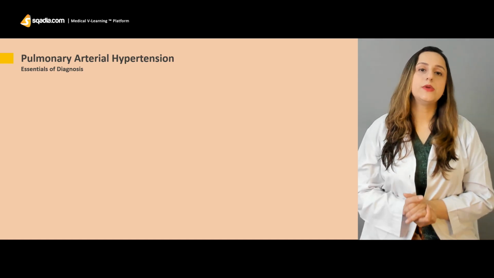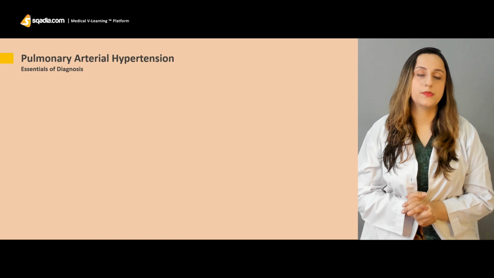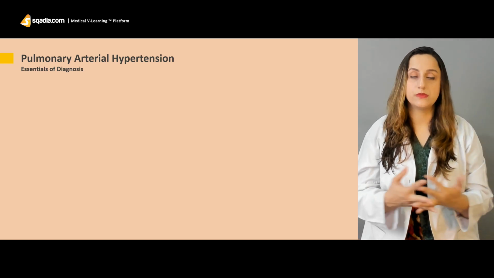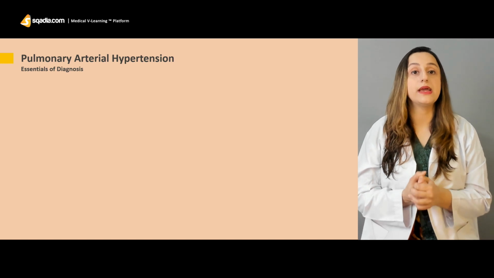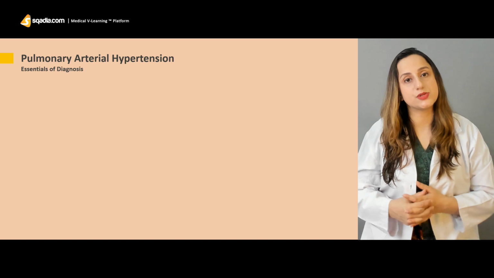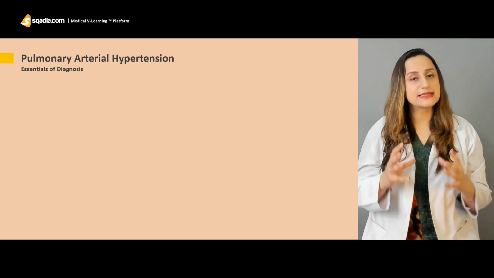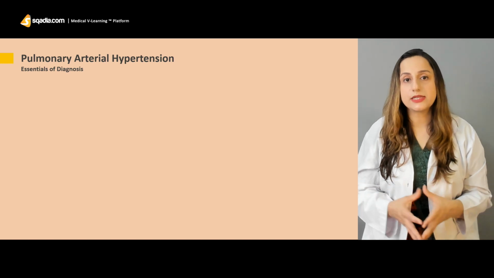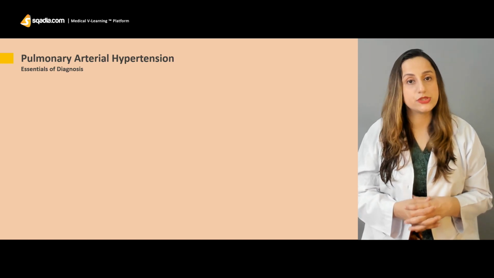So moving on, we have another important pulmonary emergency that we sometimes should be dealing with, that is pulmonary arterial hypertension. What usually causes this pulmonary arterial hypertension? The exact factors are quite unknown, but there is a hypertension that is associated in the pulmonary circulation.